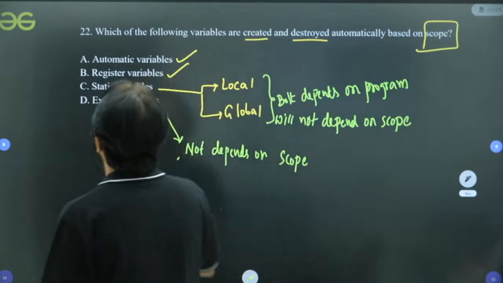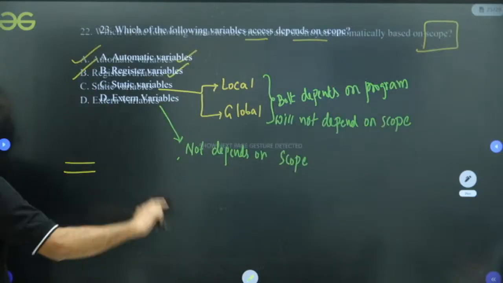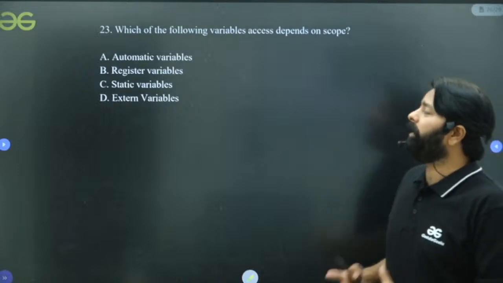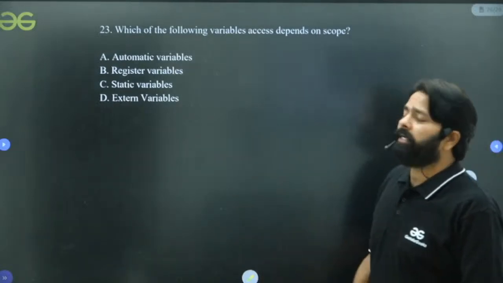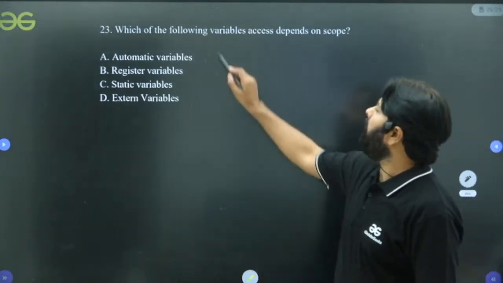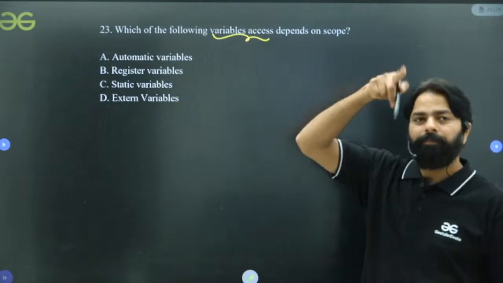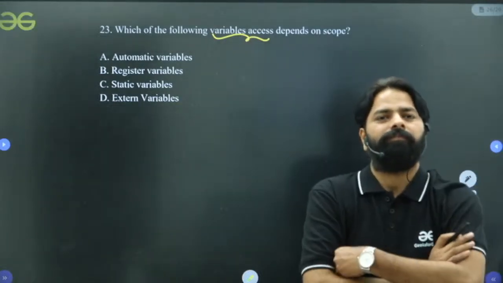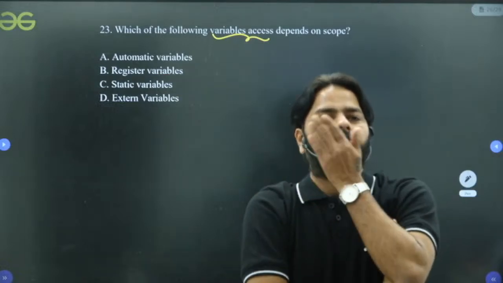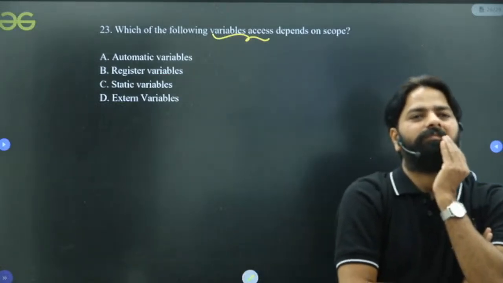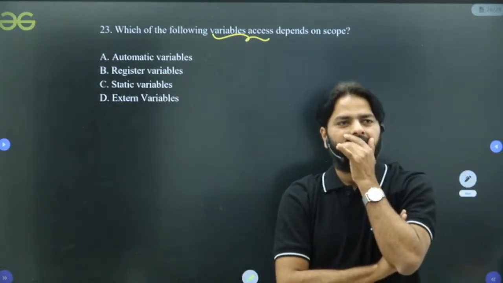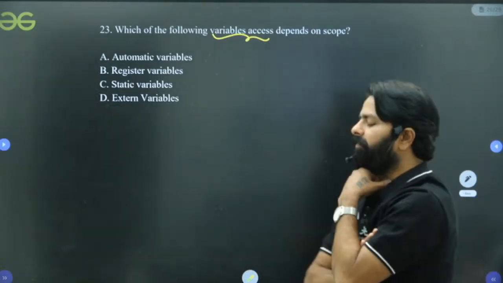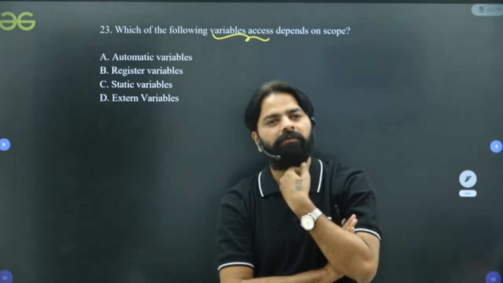And this question people slightly confuse with the next question. The previous one was about scope and memory creation and deletion. This is not memory creation and deletion. This is access. How do you access the variables now? Accessing the variables, how does it depend?